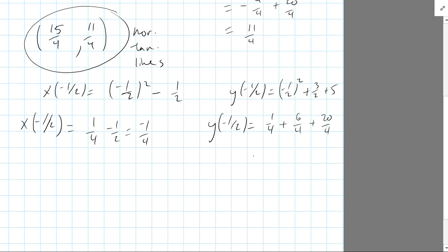Is that 27/4? So if I want to find where it has a vertical tangent line, it is at the point -1/4, 27/4. That has a vertical tangent line.